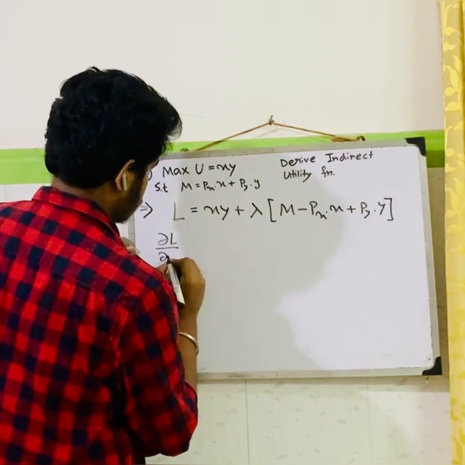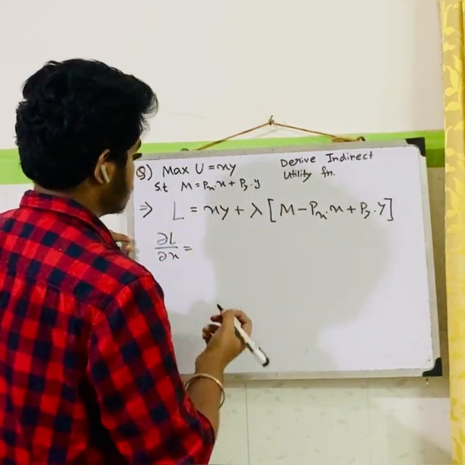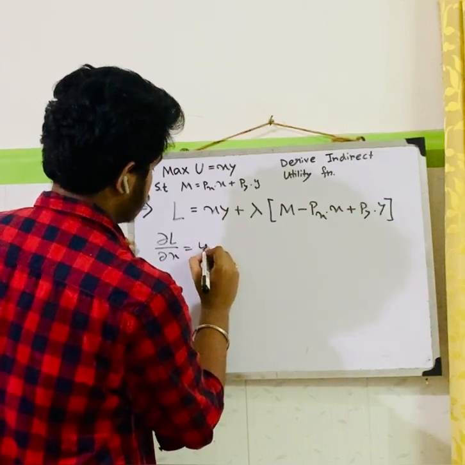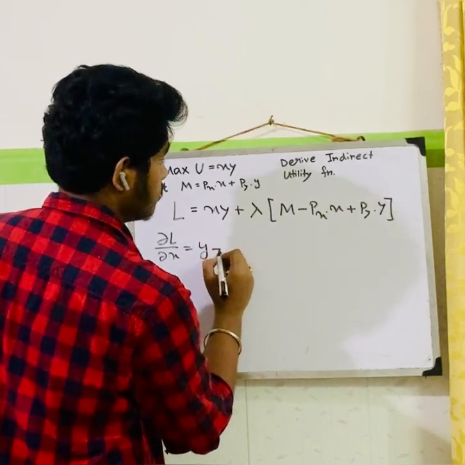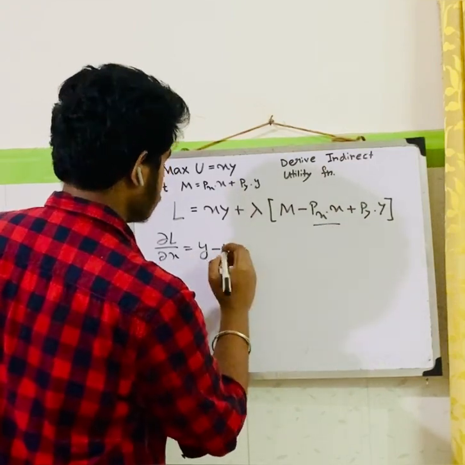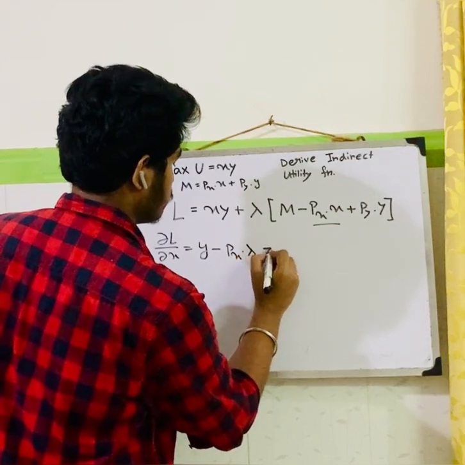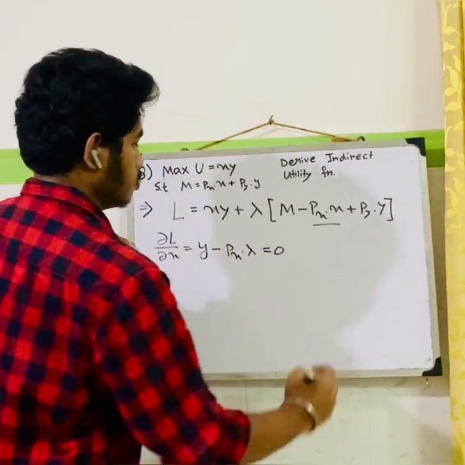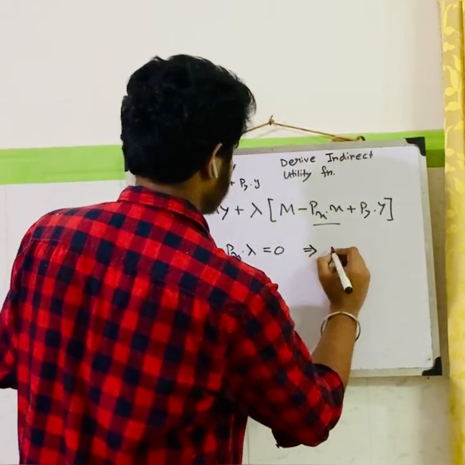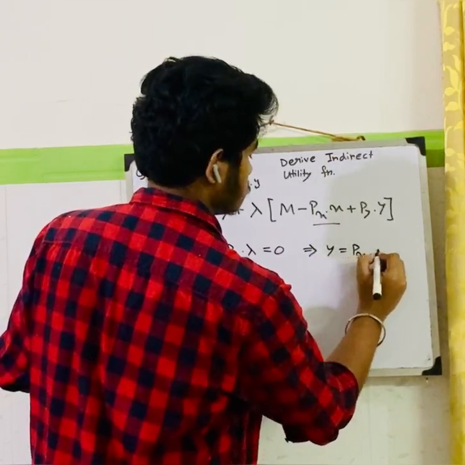So first we'll do partial differentiation with respect to x, so it will come y as is, so this term minus px into lambda equal to 0. So now simplifying this, we get y equal to px lambda.